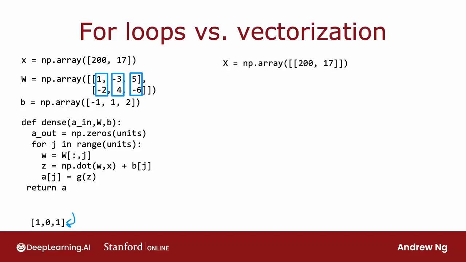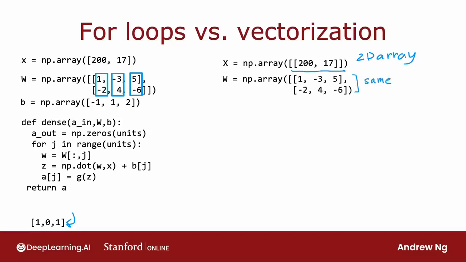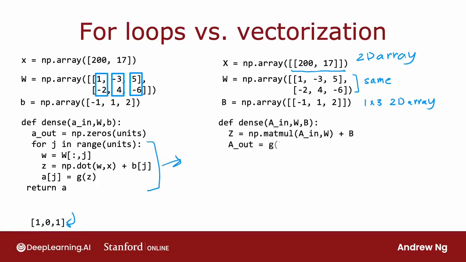Set X to be equal to this. Notice the double square bracket. So this is now a 2D array, like in TensorFlow. W is the same as before, and B, I'm now using capital B, is also a 1 by 3 2D array. And then it turns out that all of these steps, this for loop inside, can be replaced with just a couple lines of code.